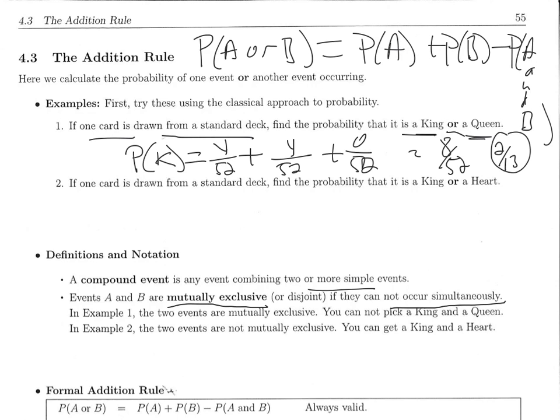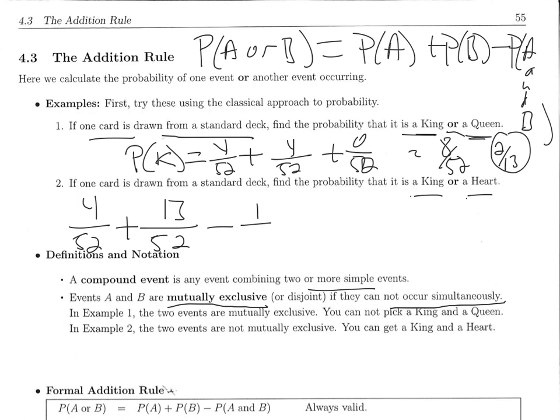Let's see. So what's the probability of a king or a heart? How many kings are there in a deck? Well, there's 4 out of 52. How many hearts are there in a deck? Well, there's 13 cards in each suit. No, 14 times 3 is 52, right? Now, there is a king of hearts, so there is a probability that it's both a king and a heart.